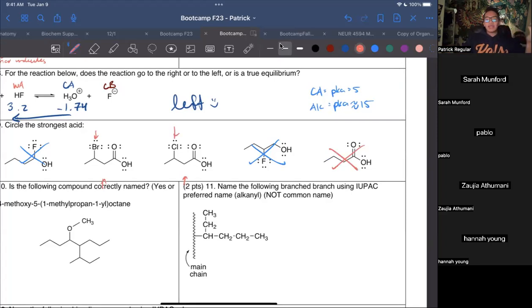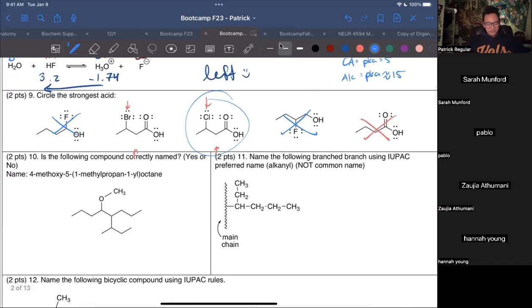Now let's look at the location. Which one's closer? They're both the same location. Which one's more electronegative? Chlorine. So out of all 3 of these carboxylic acids, this one is the most acidic, because it has the closest halogen and it's the most electronegative one.